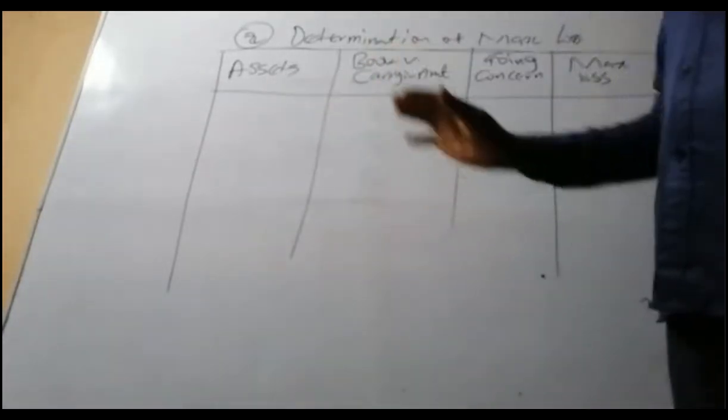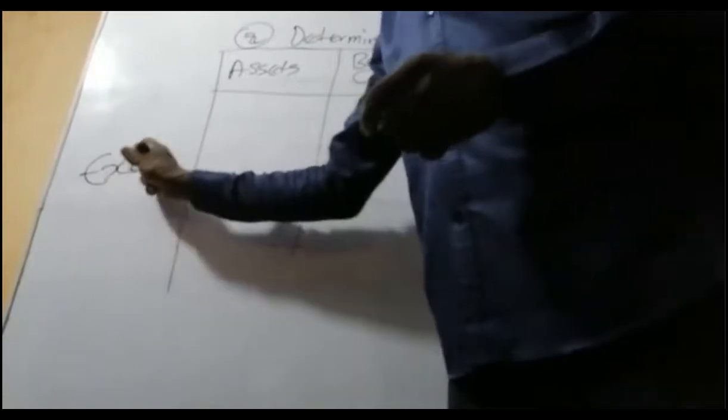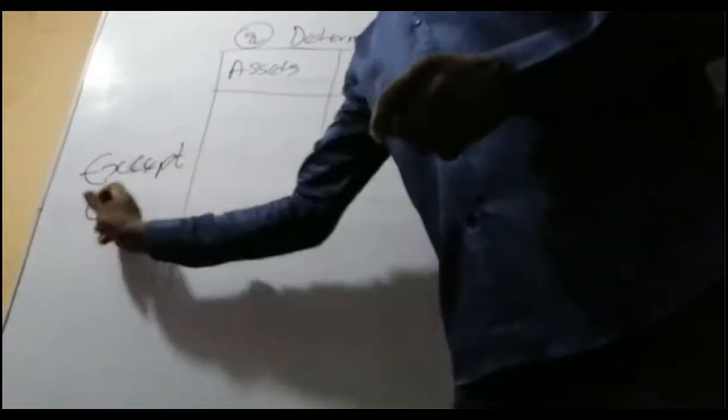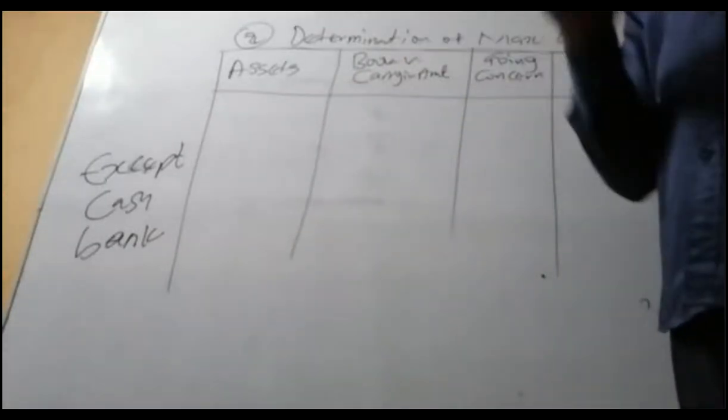So first, to get it straightforward, go to the financial position and list all the assets, no demarcation, except cash or bank balance.